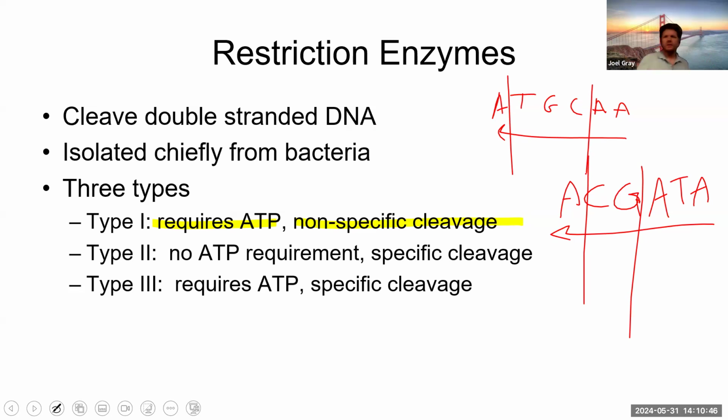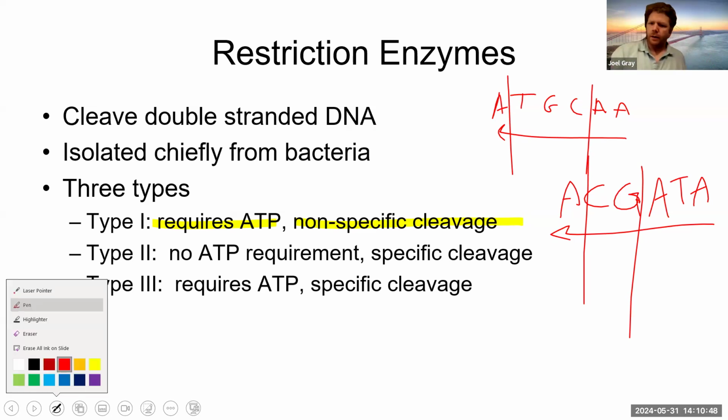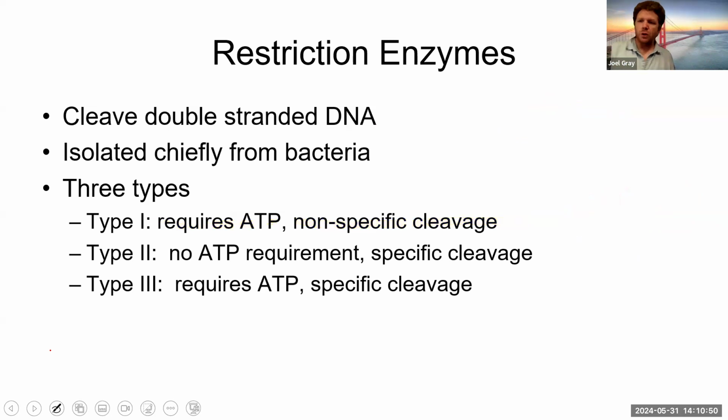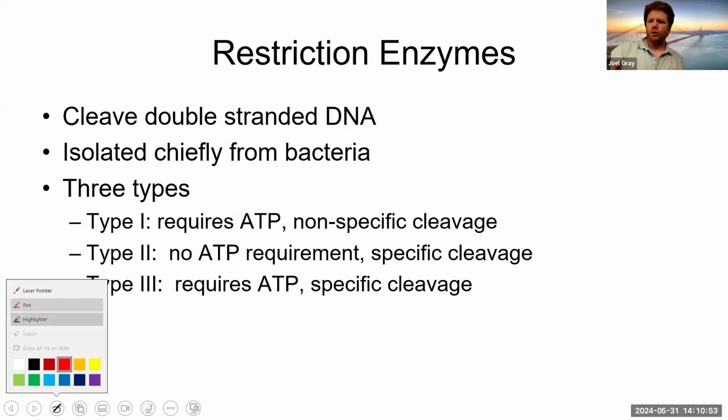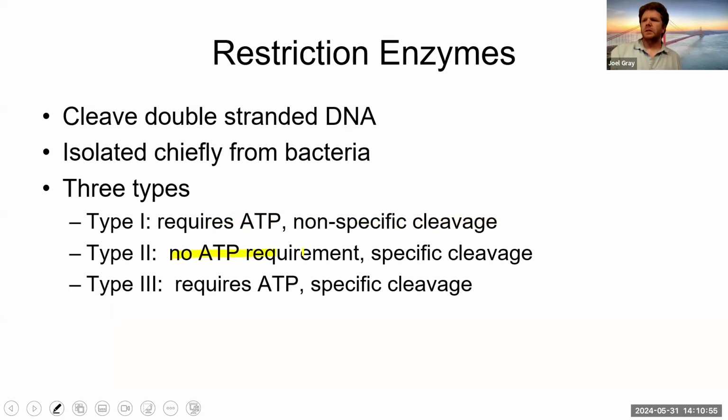Now I want to contrast that with something like a type 2 restriction enzyme. This does not require ATP, but it has a specific cleavage sequence. What that means is that a type 2 restriction enzyme is going to take a double-stranded piece of DNA.